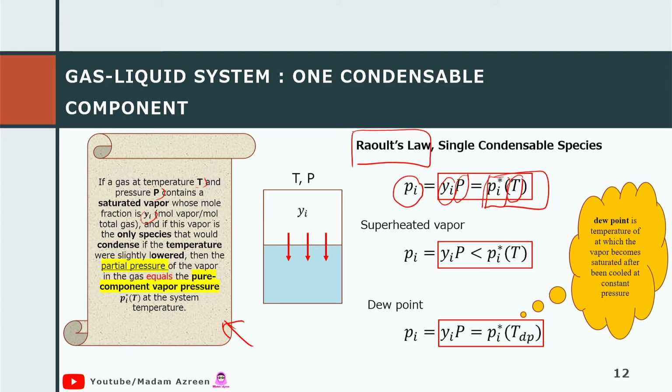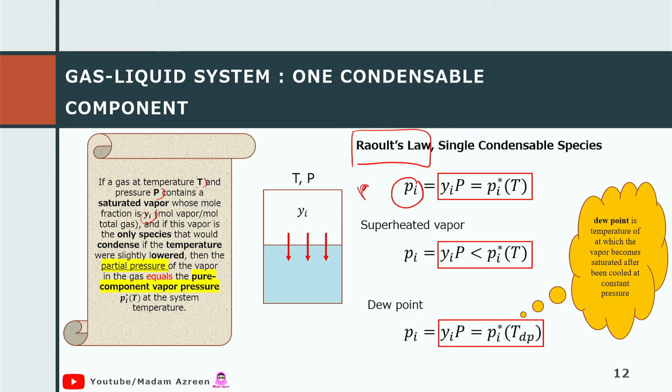at that temperature. Okay, so I know it's really confusing to understand the statement, but what it states here is actually talking about this equation. This equation is about partial pressure.